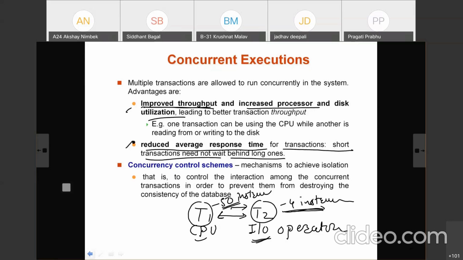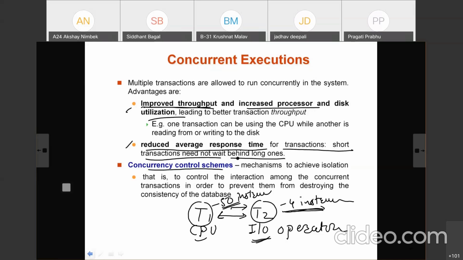And for that, concurrency control schemes are used. 4 to 5 different protocols we are going to study in the next part of this unit, such as lock-based protocol, two-phase locking protocol, graph-based protocol, validation protocol, and timestamp-based protocol.